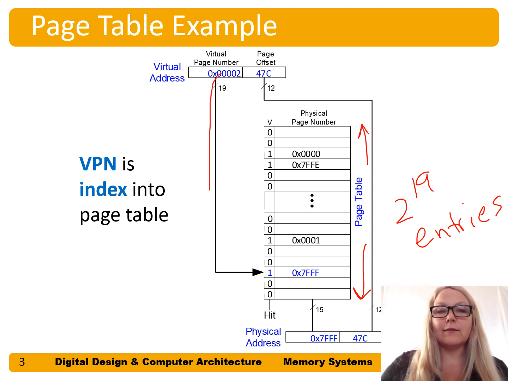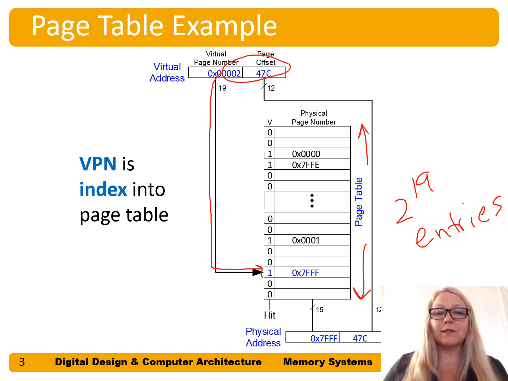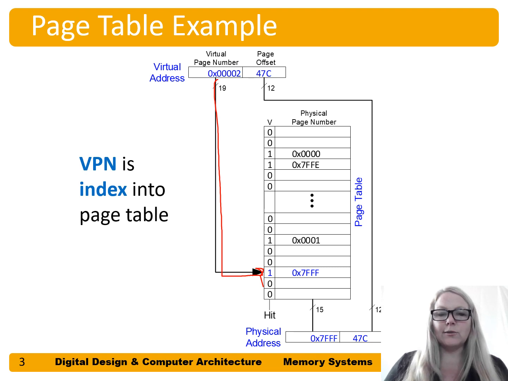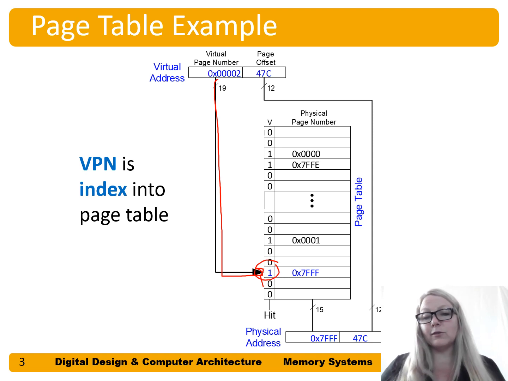So in this case, for virtual address 247C, which is produced by our processor, we look at the page offset. We're not translating that, so we're just looking at the virtual page number, which are those upper 19 bits. And this is 2, so we look at entry 2. And entry 2 is valid. It says, yep, this is mapped to physical memory or main memory.